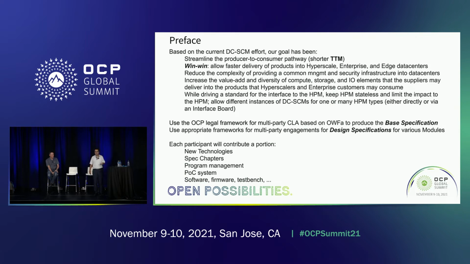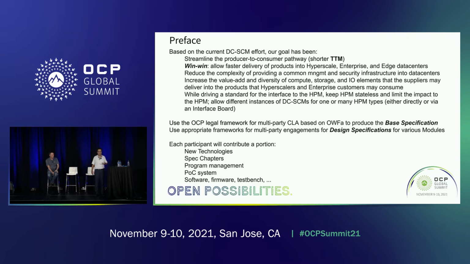So why did we do all of this? We wanted to create a smooth pathway from innovation, from production to deployment into data centers. We want to create a win-win situation for not only suppliers, but also consumers.